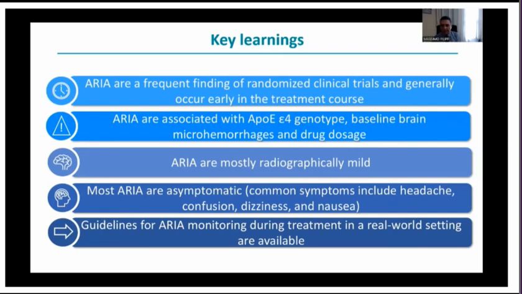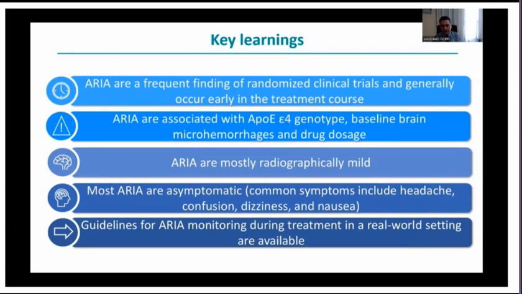If ARIA occurs, they are typically radiologically mild and most frequently asymptomatic. If symptoms occur, they are typically signs or symptoms of encephalopathy. And we also have guidelines for ARIA monitoring during treatment in a real-world setting, which would allow us to treat our patients with much better care and try to resolve the appearance of ARIA-E or ARIA-H in case they do show up.